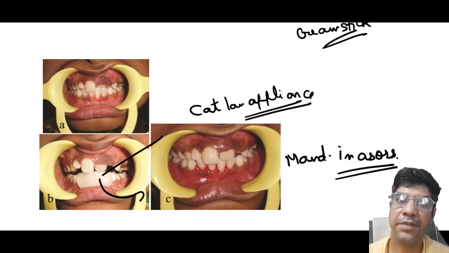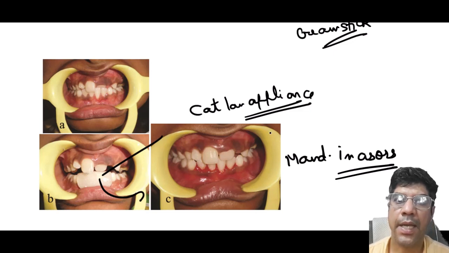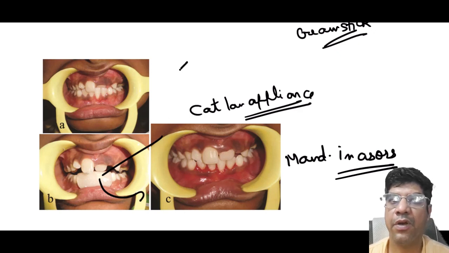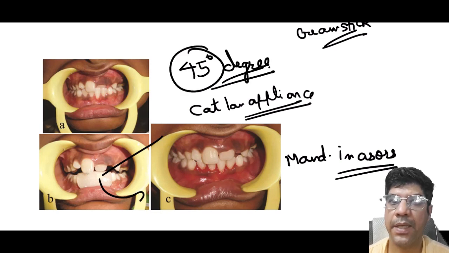It is typically associated with non-removable appliances as they are cemented in place. Remember, the lower inclined plane is constructed at an angle of 45 degrees to the maxillary occlusal plane and can be made of acrylic or cast metal.